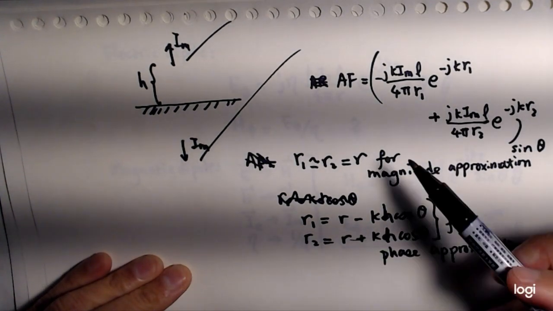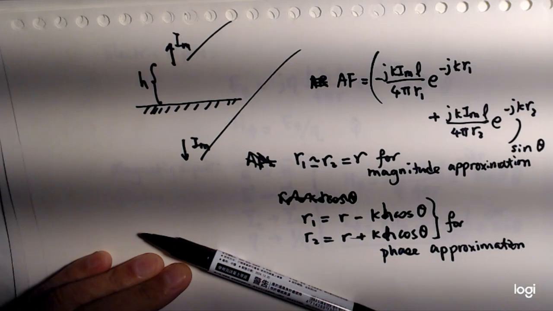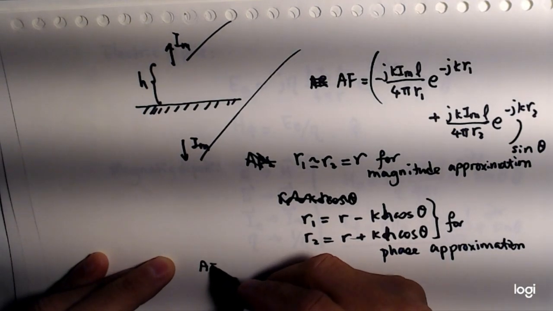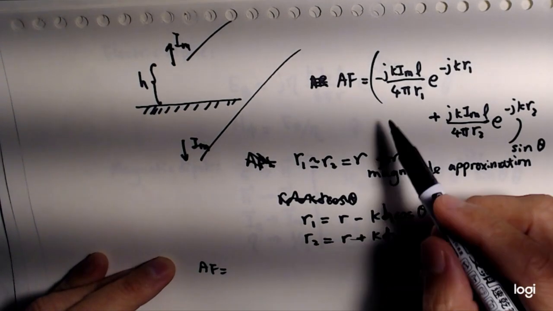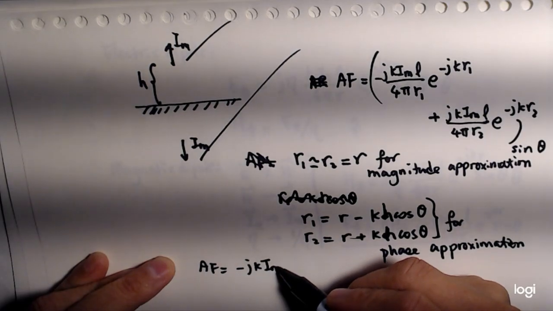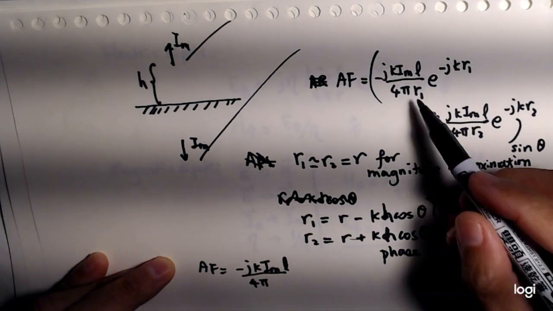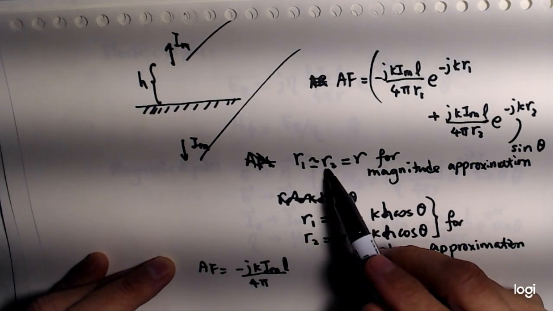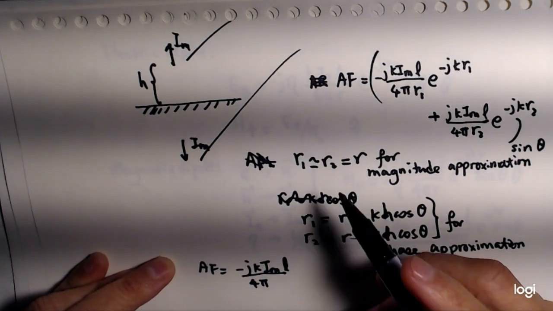So in other words, if you ask me to continue, I will just say AF will be equal to, we are going to extract all the like terms, I m and L and 4 pi. Now for magnitude approximation, R1 and R2 are approximately equal to R. So this is what we are going to get.